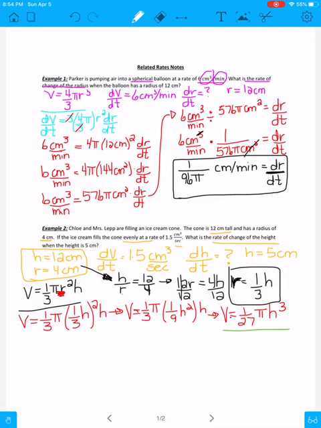So the derivative of V is dV over dt. And it equals, take the 3, drop it in front, 1/27 pi h squared times dh dt.